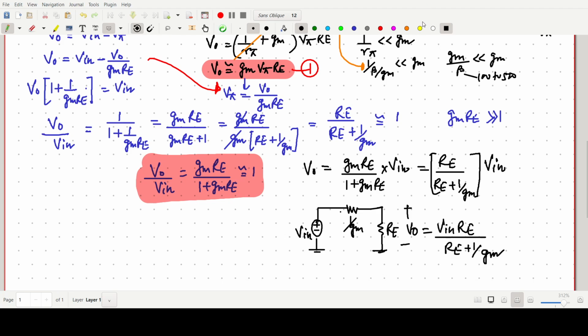That is why we are writing it like this: by the voltage division rule, the 1 by gm comes here and RE comes here. So V naught equals V in times RE by (RE plus 1 by gm). This is a Thevenin equivalent circuit seen from the emitter side. I am writing it here.